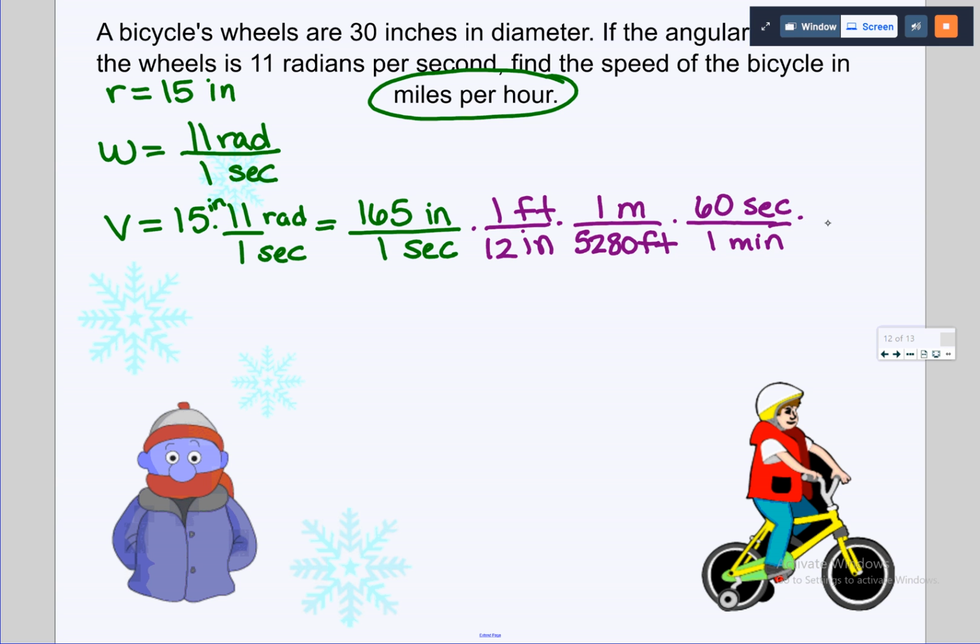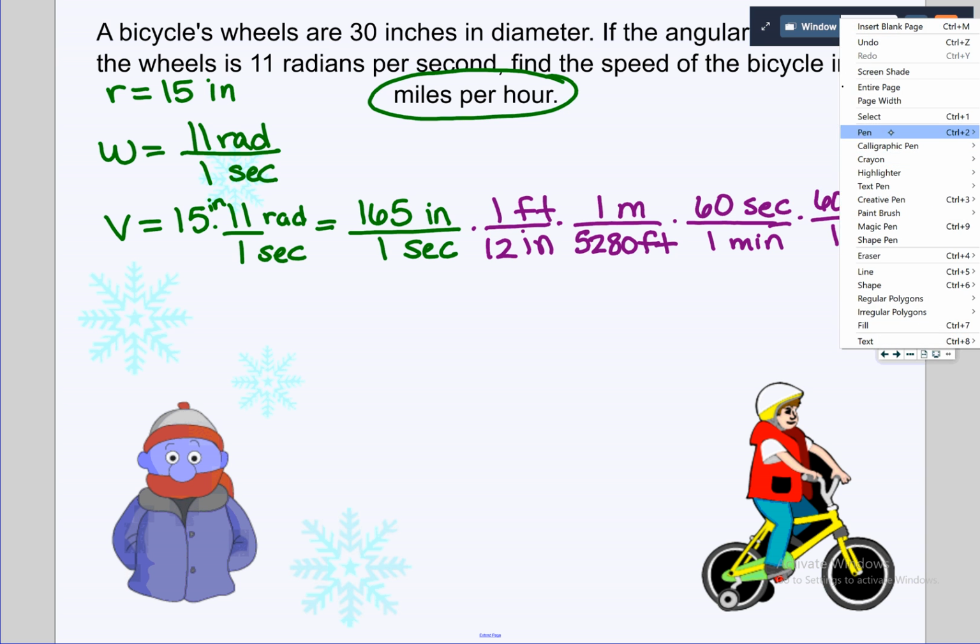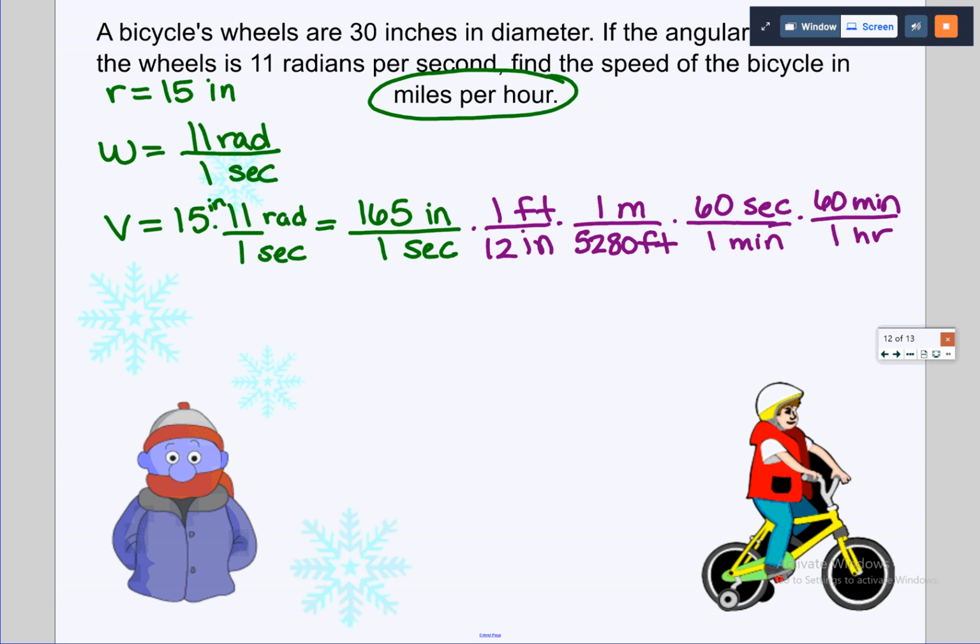And then minutes I can convert to hours. Again, 60 minutes, 1 hour. Minutes have to go on the top so it cancels. So now any units that are in opposite positions are going to cancel, which means inches are gone, feet are gone, seconds are gone, minutes are gone, and I am left with miles on the top and hours on the bottom, which is what we want, miles per hour.